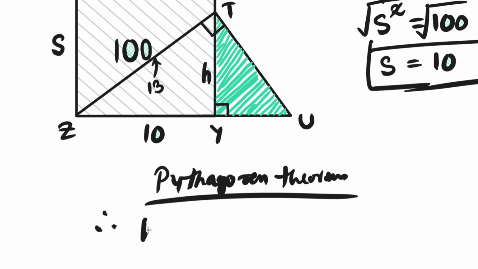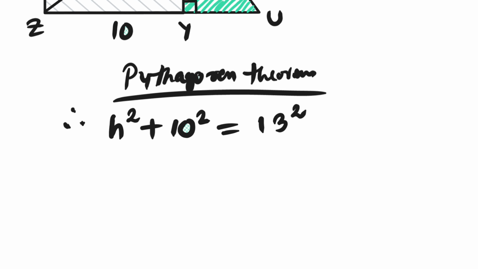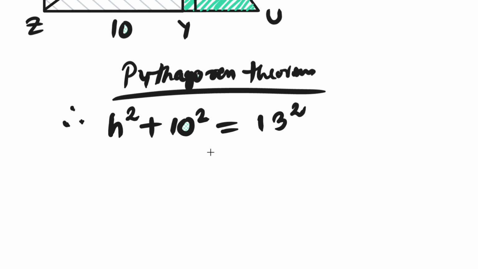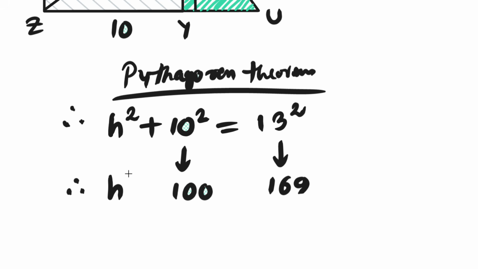Therefore, we write h squared plus 10 squared equals 13 squared. Now let's simplify each square. 10 squared is 100, and 13 squared is 169. So our equation becomes h squared plus 100 equals 169.